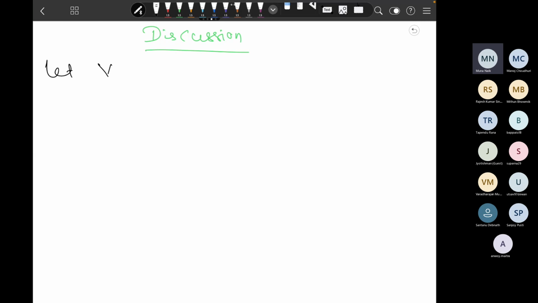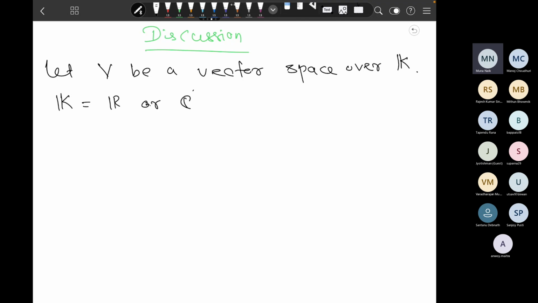So again, let V be a vector space over K, where K is R or C. Let A, B belong to End(V) over K, so that AB is equal to BA.